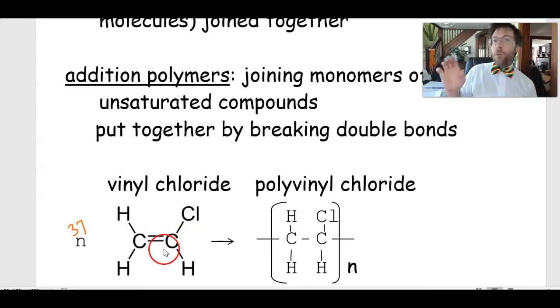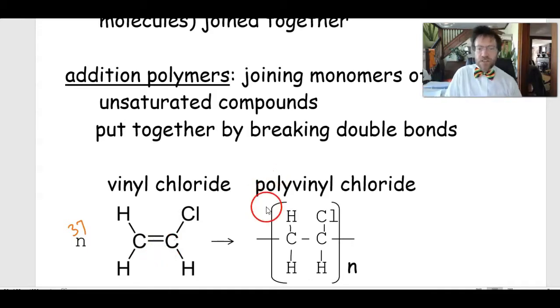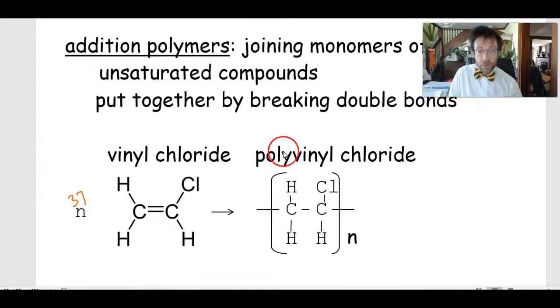And so for our polymer, the notation we use to make sure we know we're talking about a polymer is first we write down what the monomer is, and we put it inside of a bracket. You see this bracket here? This indicates that that is one bit, or one monomer, of our polymer.